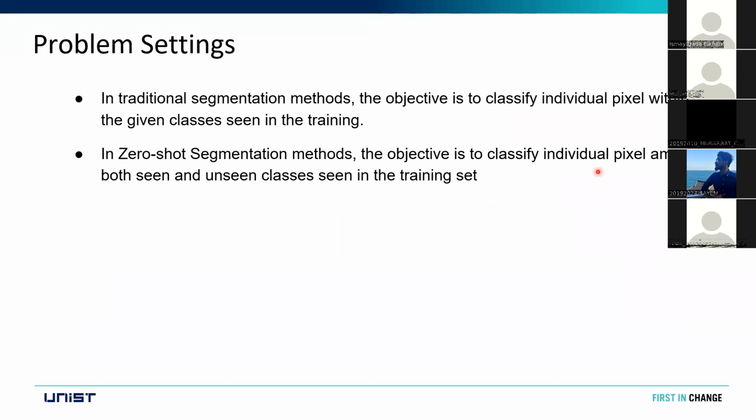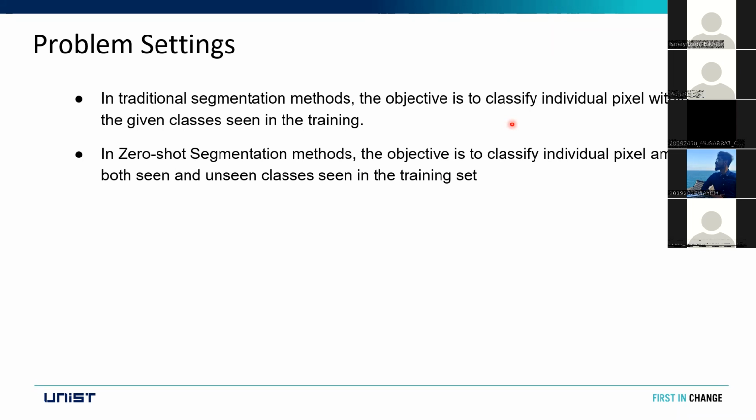So let's see what this paper's problem setting is. In traditional segmentation methods, the normal objective is to classify individual pixels within the given classes in the training. Let's say we have three classes: cat, human, and dog. In normal segmentation settings, all three classes will be given, and the model will have to learn how to classify between those three classes.